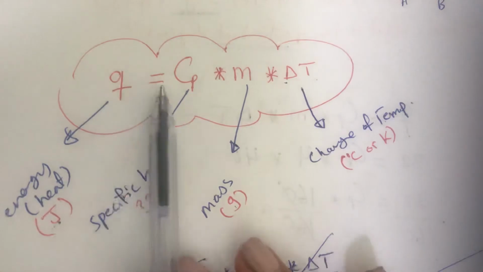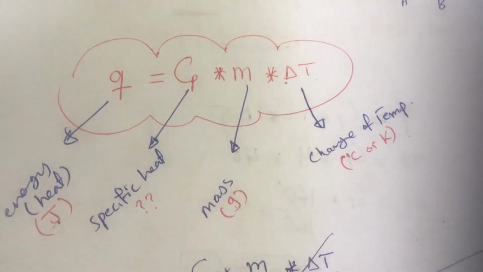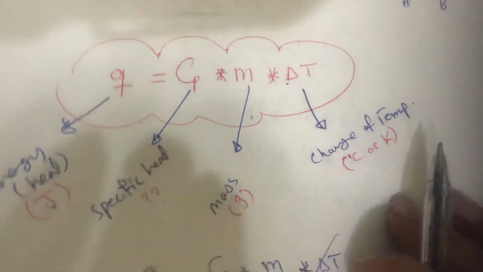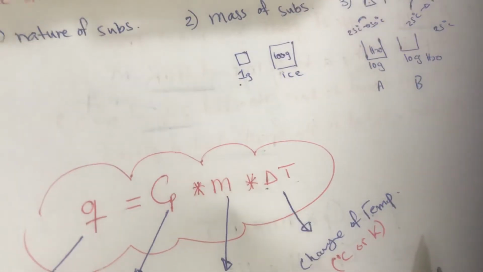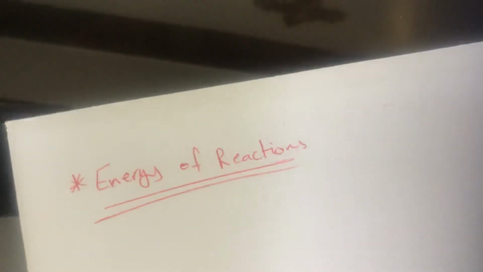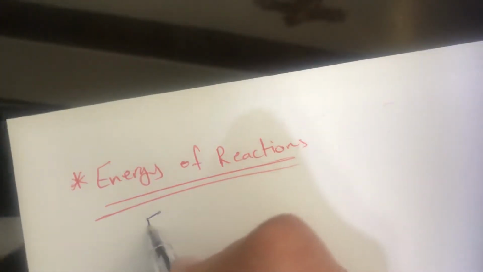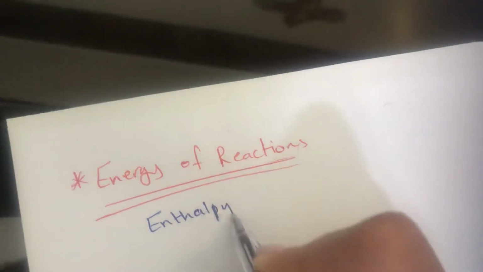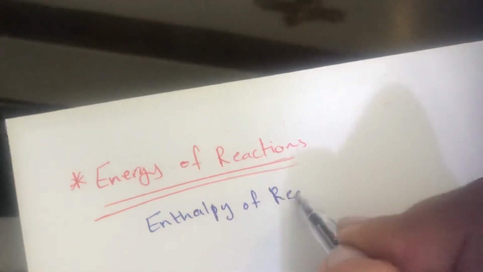If you have a physical change, this is the rule: energy equals specific heat times mass times delta T. Now, if you have a chemical reaction, the energy of reactions is called enthalpy of reaction.